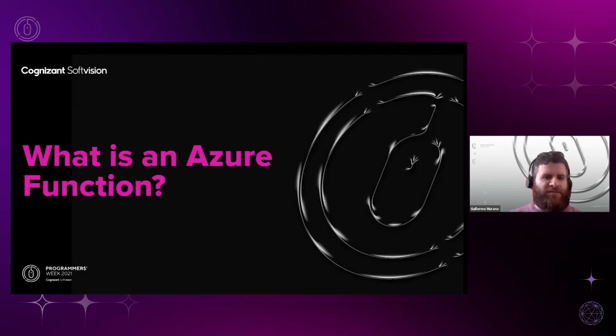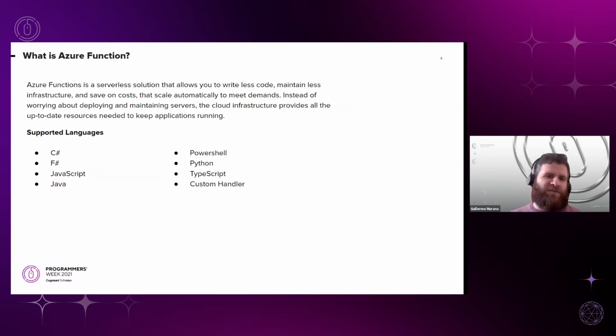So let's talk about what is an Azure Function. Azure Functions is a serverless solution that allows you to run less code, maintain less infrastructure, and save on costs. It scales automatically to meet demands, and instead of worrying about deploying and maintaining servers, the cloud provides all the up-to-date resources needed to keep your functions and applications running.